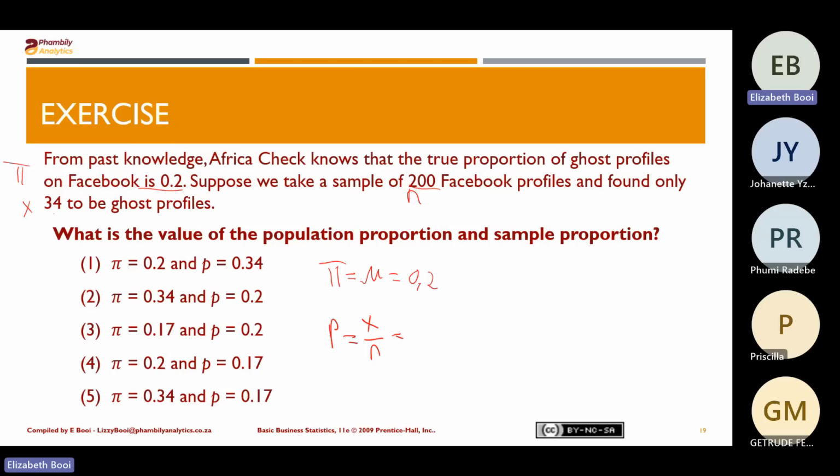So the observation is 34 divided by 200. And then you need to go and find your calculators and calculate the answer.